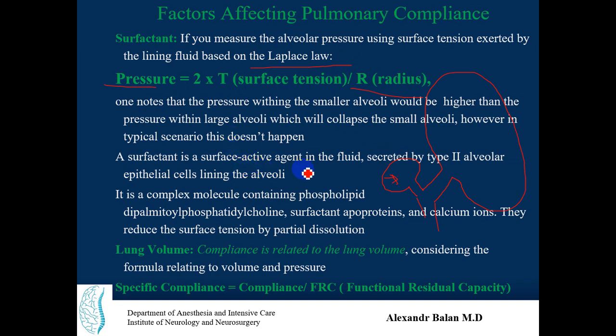Surfactant is a surface active agent in the fluid, secreted by type 2 alveolar epithelial cells lining the alveoli. It's a complex molecule containing phospholipids like dipalmitoyl phosphatidylcholine, surfactant apoproteins and calcium ions. As a combination of all this, they reduce the surface tension by partial dissolution.